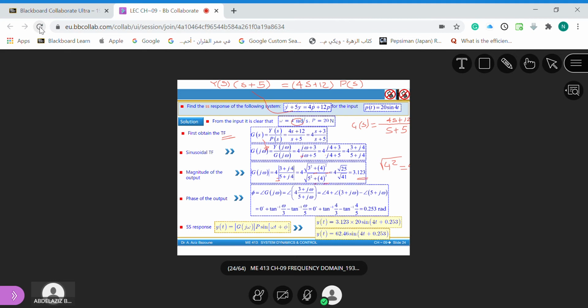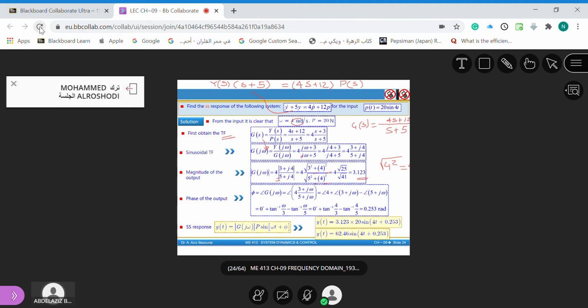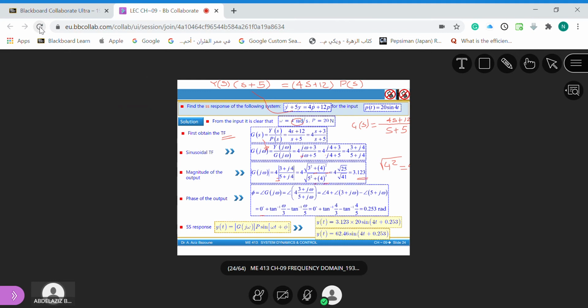The phase angle will be the phase angle of 4, plus the phase angle of 3 plus j omega, minus the phase angle of 5 plus j omega. The phase angle of 4 is 0, since it is real. Then plus tan inverse of omega over 3, minus, because it's in the denominator, tan inverse of omega over 5.